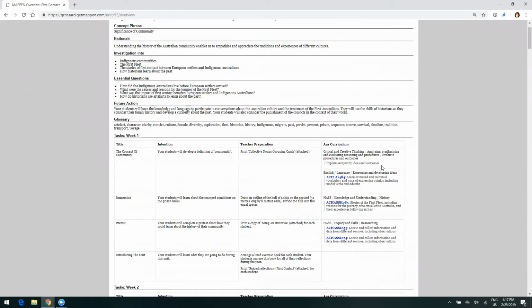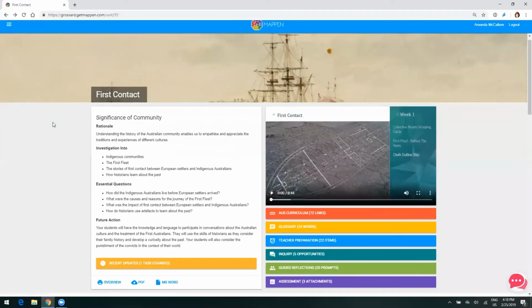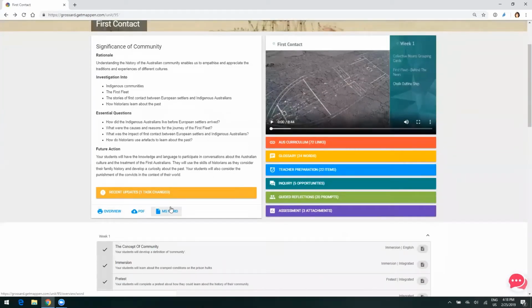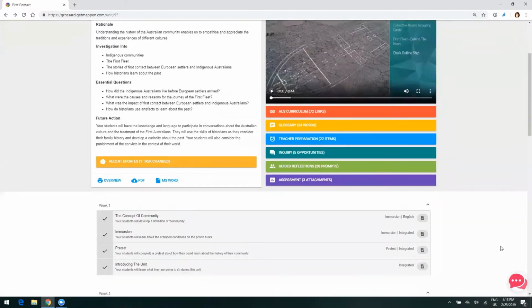In here, under the Word version, you can add your own comments, etc., to provide your documentation. So it's a key point for you to be aware that that document, the Word version, is the only place in MAPPEN where you can print an overview of the unit. Alrighty, I'm going to move on.